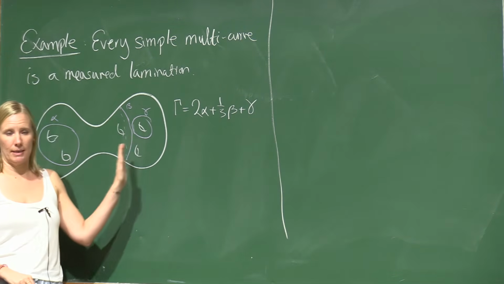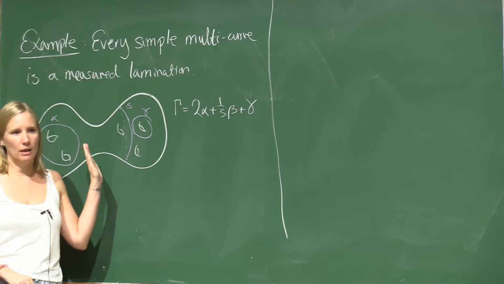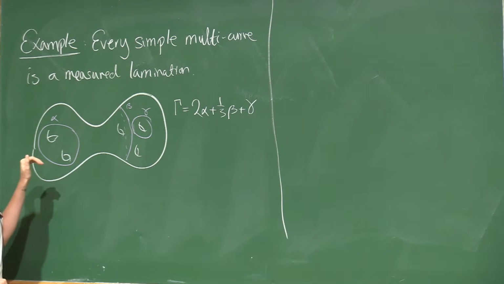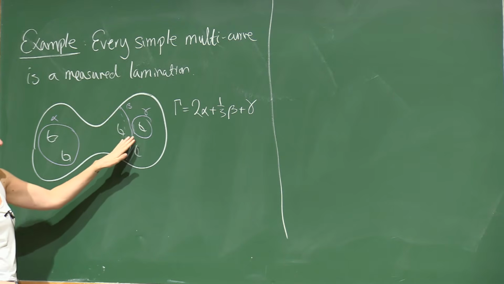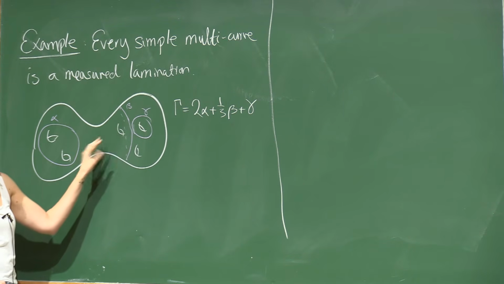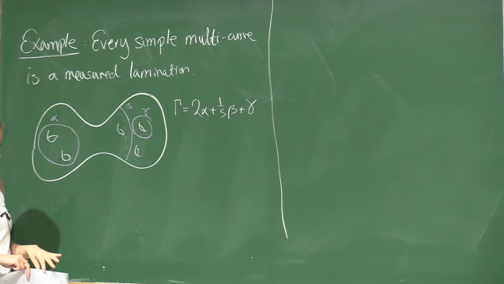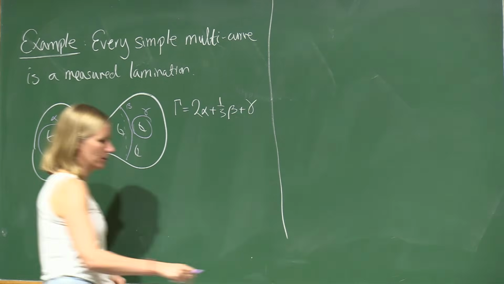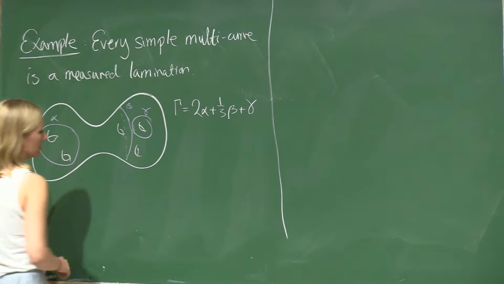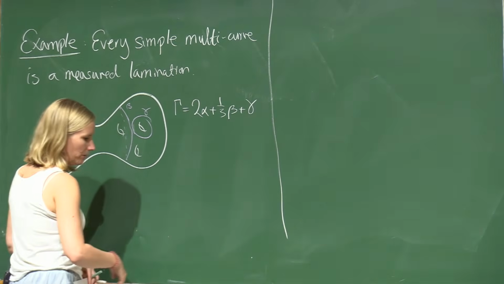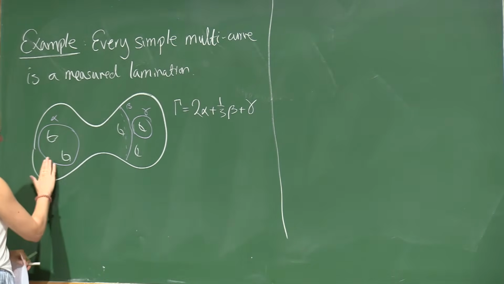It is a compact subset of my surface, and it consists of simple, complete geodesics that are pairwise disjoint. The transverse measure is just given by the intersection number with the weights. Maybe I should have drawn one component that's a bit more complicated.